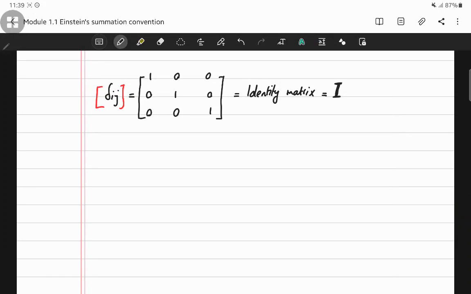So let's now write some expressions here and see what we get. If we write delta ii, which is equal to, of course, delta jj, because ii and jj are placeholders. They're just dummy indices. They are not important. We sum over them. So delta 1 1 plus delta 2 2 plus delta 3 3, which is equal to 1 plus 1 plus 1 is 3.